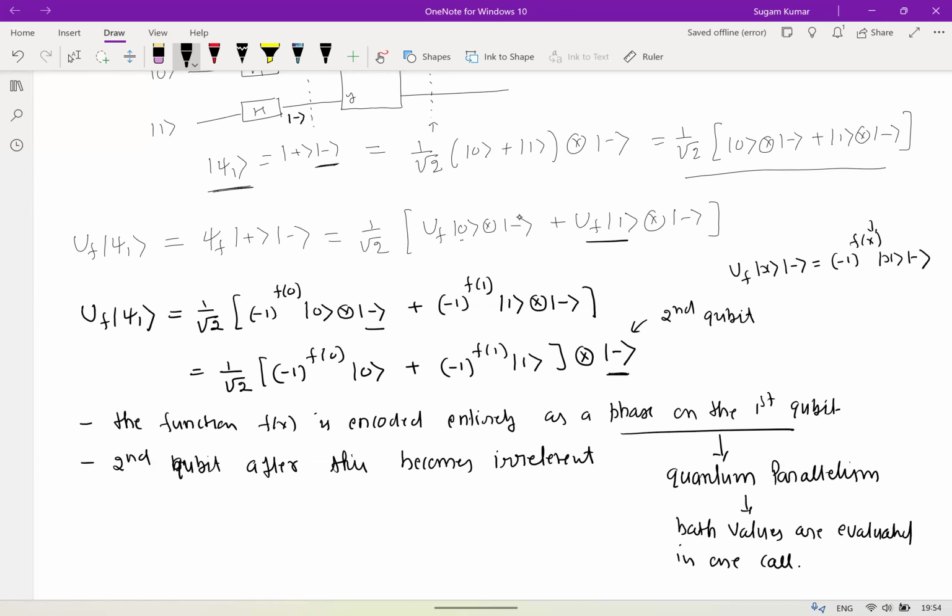So unlike a classical computer, here in one call, both the answers are available with us. Now after this, we will do superposition and we'll see which answer we are going to get. I'm going to get two answers, either 0 or 1. And you can see the 0 and the 1 are already there, but with the phase, okay, this is the phase factor.